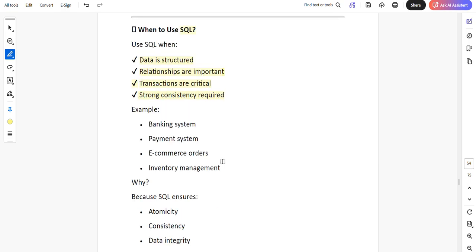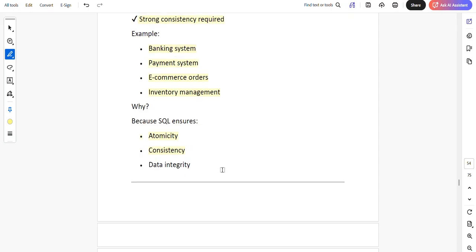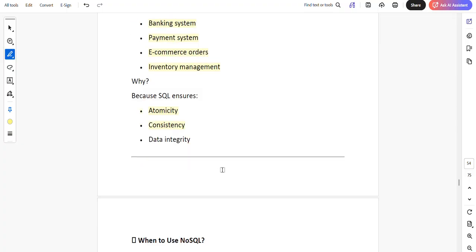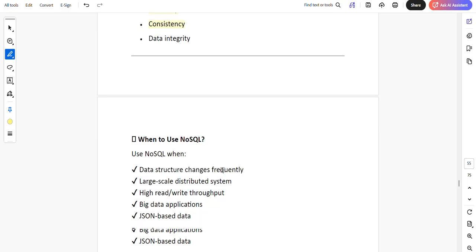Sectors where we use SQL include banking systems, where transactions are very critical, payment systems, e-commerce orders, and inventory management, because SQL ensures atomicity, consistency, and data integrity. In fields like banking, payment, and inventory management, each transaction is very important and it should be successful.